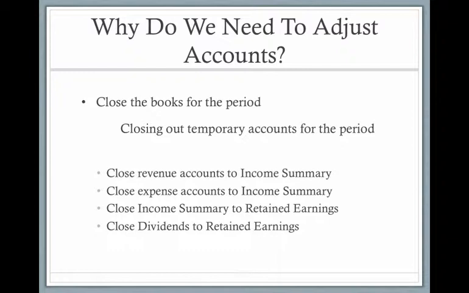Dividends being a debit balance account in the equity section of the balance sheet, we would have to zero it out with a credit journal entry to the dividends account. Since we're doing a credit to the dividends T account, we would have to do a debit to the retained earnings T account.